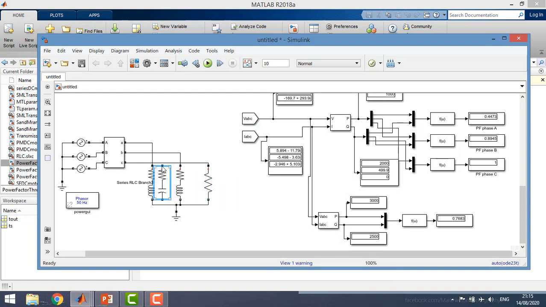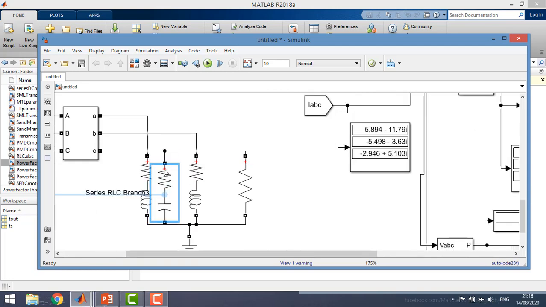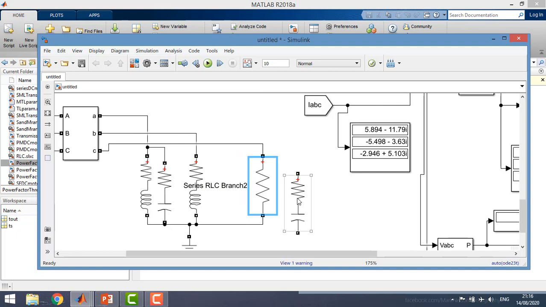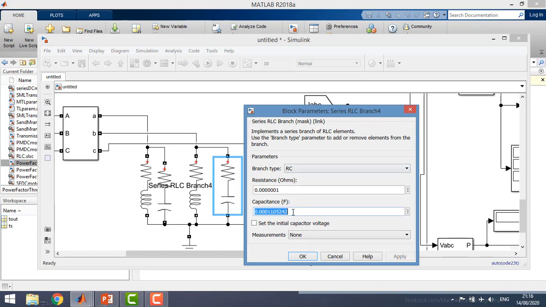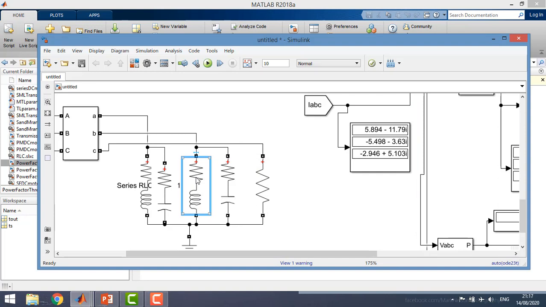So this is for phase A. Right. For phase B, a smaller capacitor, since the reactive power of phase B is only 500 volt ampere reactive, while in phase A it's 2000.